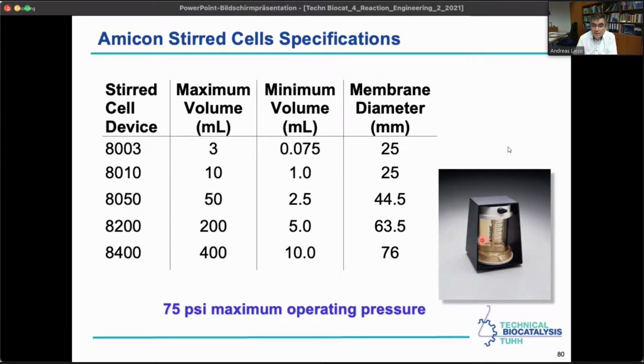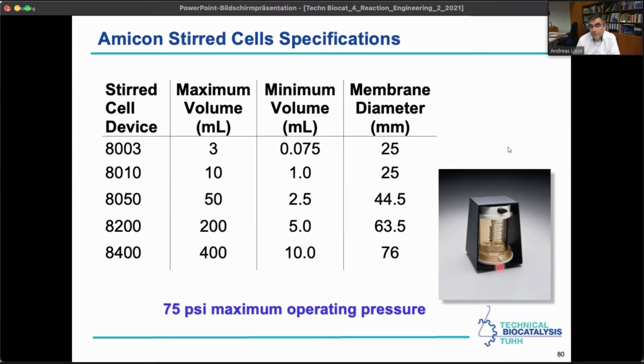Below here the membrane is located, and below this device we have a magnetic stirring device, so that the stirrer is driven around from the bottom. It's a dead-end filtration, not cross-flow, but because the stirrer is located so tight above the membrane, we have at least some flow over the membrane to prevent too strong concentration polarization on the membrane.